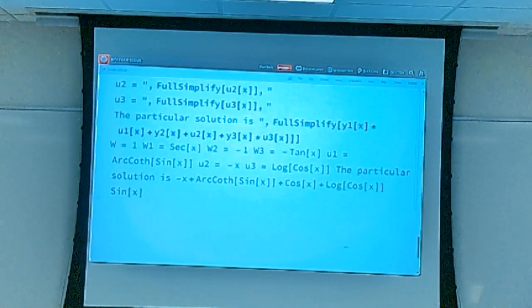Now, what we can do to get rid of those hyperbolics, and I don't include this because you're not always going to get the hyperbolics, you want to go trig to exponential.